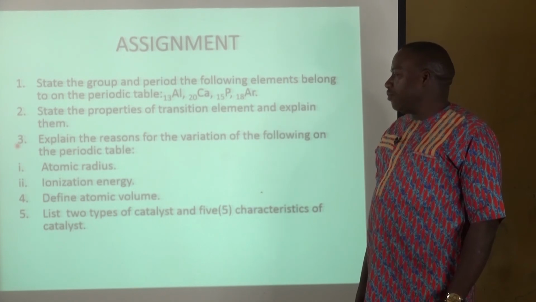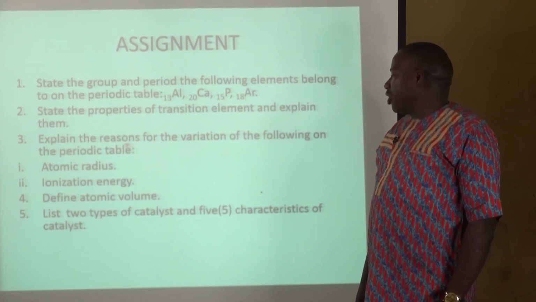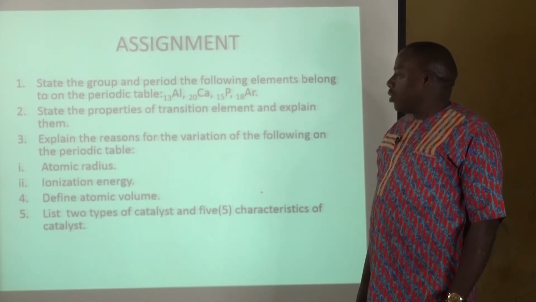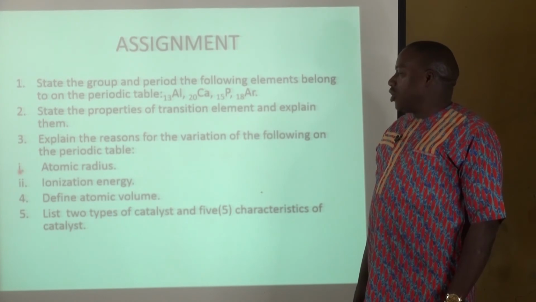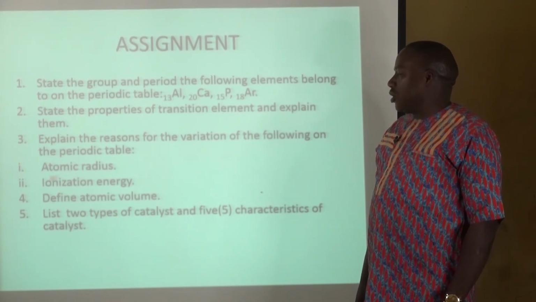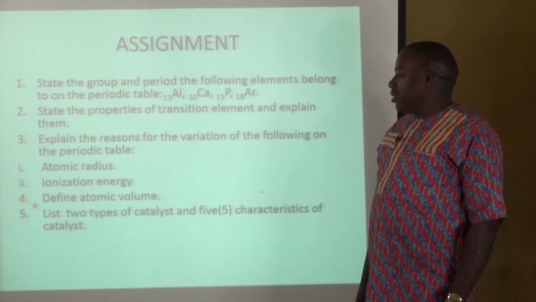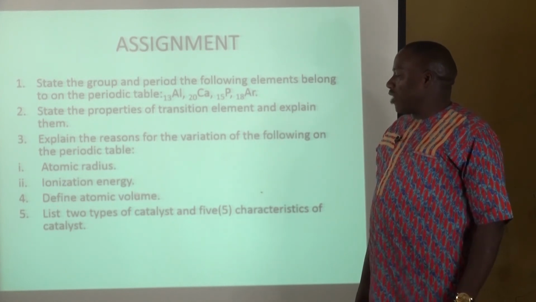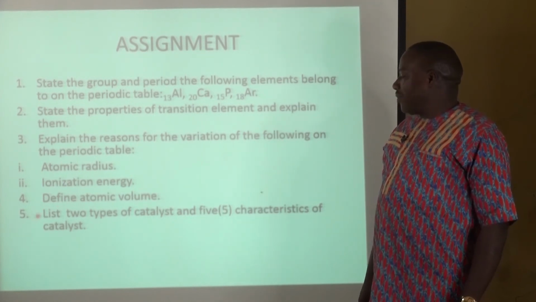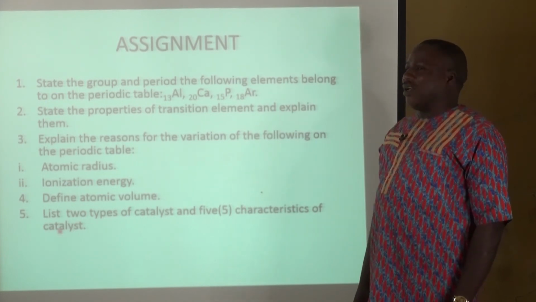Question number 3. Explain the reasons for the variation of the following on the periodic table. The first is atomic radius. The second is ionization energy. The fourth question is define atomic volume. And question number 5, list 2 types of catalysts and 5 characteristics of catalysts.